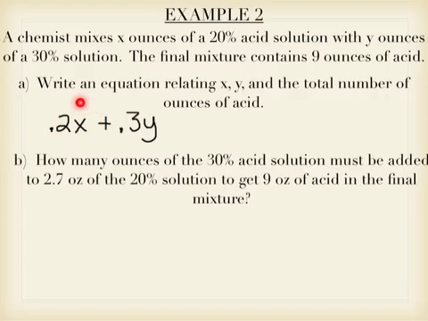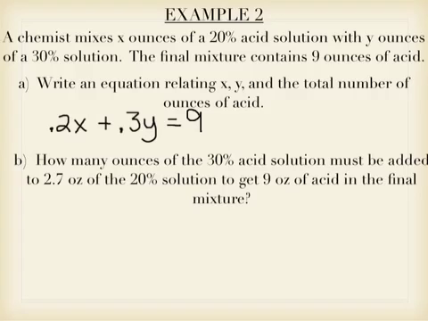This is how much acid is in the first container, and this is how much acid is in the second container. And what's that going to equal? 9 ounces total, good. That's it for writing your equation. Not so scary, right?